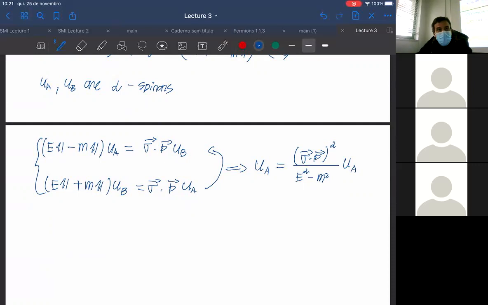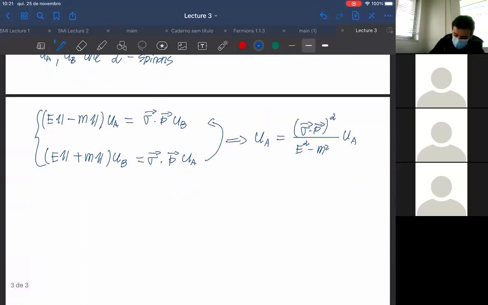This is basically replacing, eliminating UB essentially. And now it's easy to note.